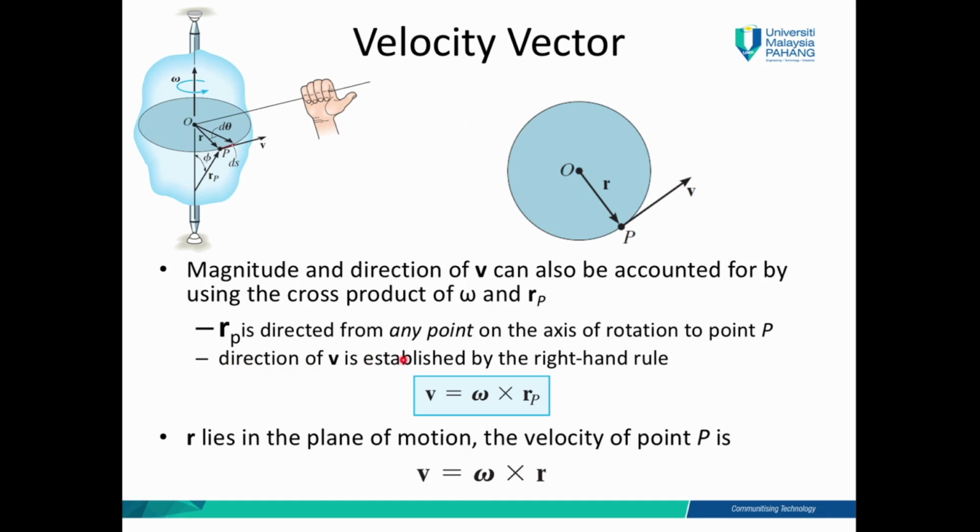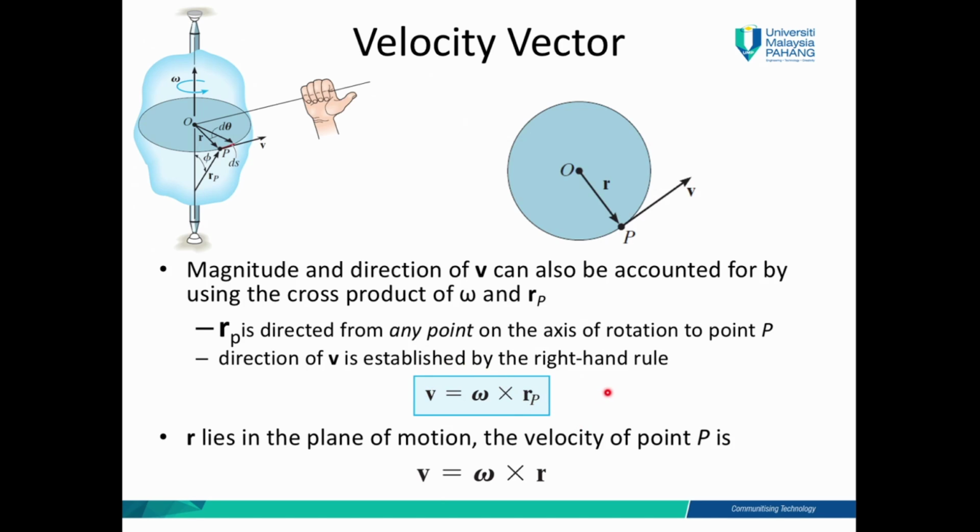Let's say r_P is directed from any point on the axis of rotation to point P. So this is your axis of rotation, and then you have a vector pointing to a point P. The direction of v is established by finding the cross product of the angular velocity and the vector r_P.